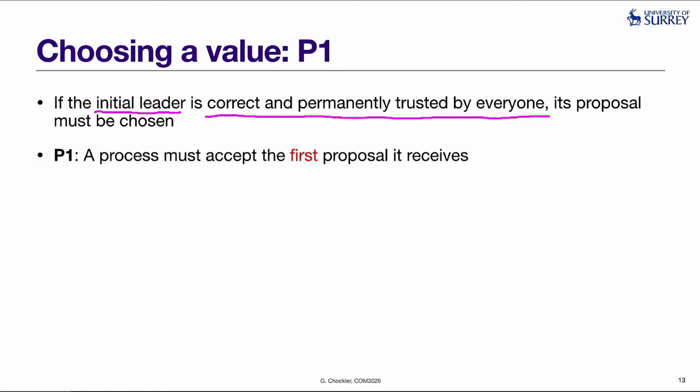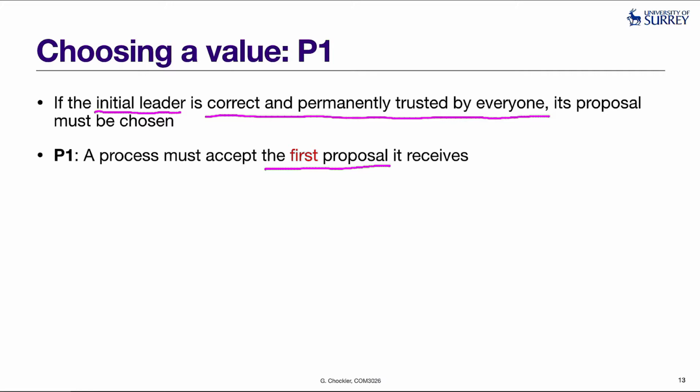Okay, so this is constraint P1 or condition P1, which must be satisfied by the algorithm, and it is as follows. A process must accept the first proposal it receives. Okay, and this is because, of course, if a process has not received any proposals yet, it must treat the first proposal it sees as the proposal which is coming from the leader, which is going to be permanently correct.